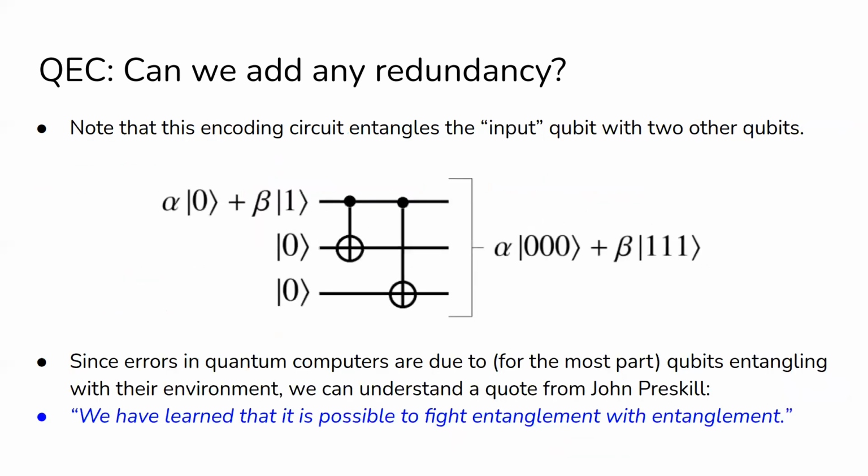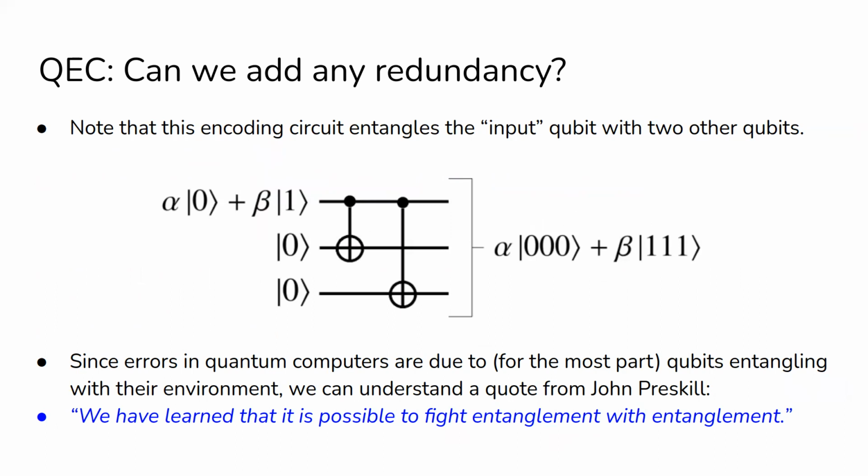Okay, in the interest of time, let's move on. So, this is the same thing, but we now get the bonus of understanding one of the things John Preskill says. At the bottom, he has this quote: "We learned that it is possible to fight entanglement with entanglement." What does that mean?